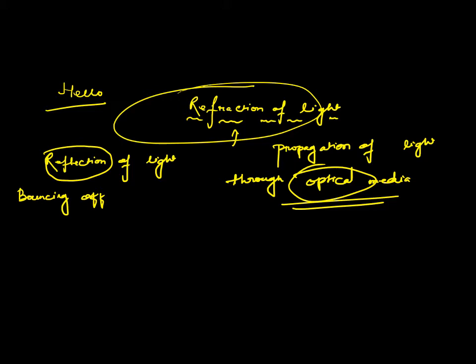It's all around you. The only thing is that we need to have a keen sight. What we need is a good set of eyes to observe the things around us. So let's talk about some of the day-to-day instances where refraction of light takes place.